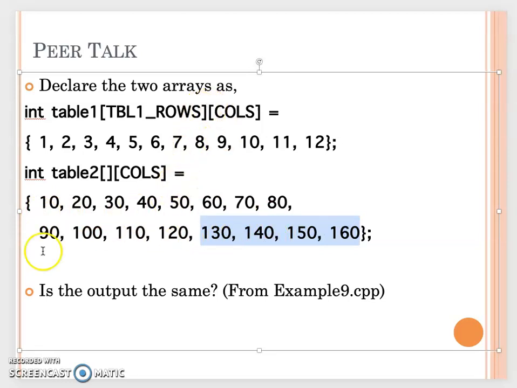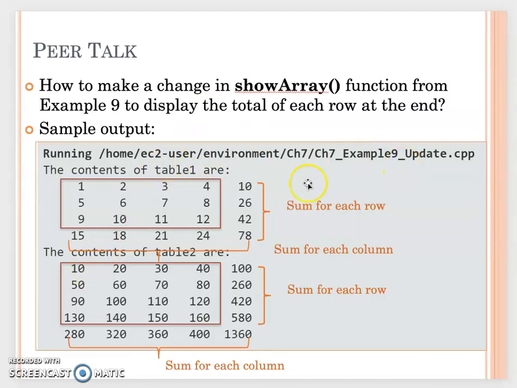No matter which declaration, the two arrays will display like this. Here is the box, the content of table 1 we display, and the second box is from table 2. Each row has 4 columns. Table 2 has 4 rows.